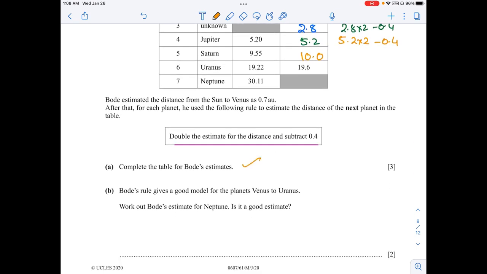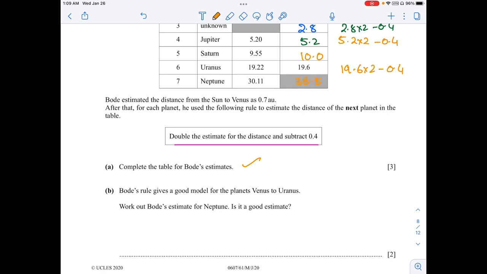Complete the table. Bode's rule gives a good model for the planets Venus and Uranus. Work out Bode's estimate for Neptune. Is it a good estimate? So for Neptune, it should be 19.6 times 2 minus 0.4, which is 39.2 minus 0.4, which should be giving us 38.8.